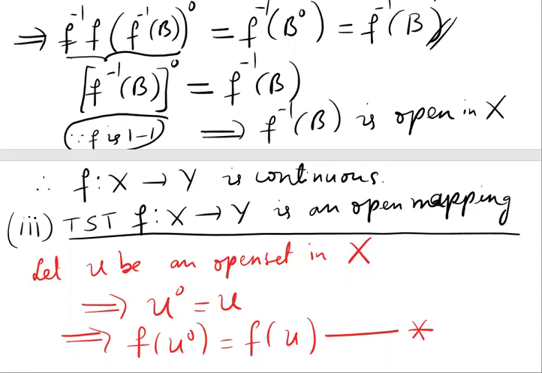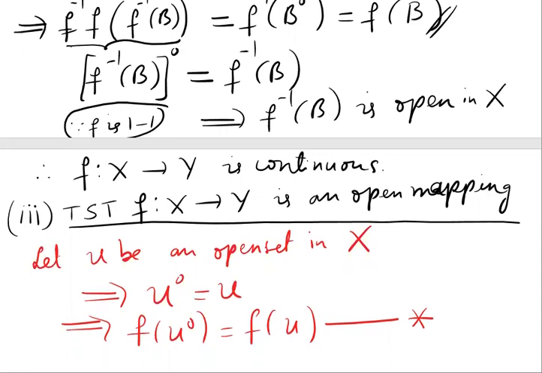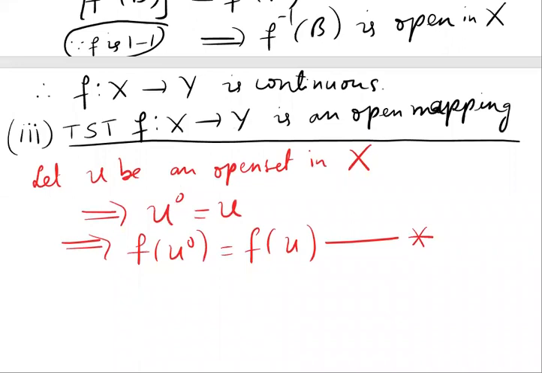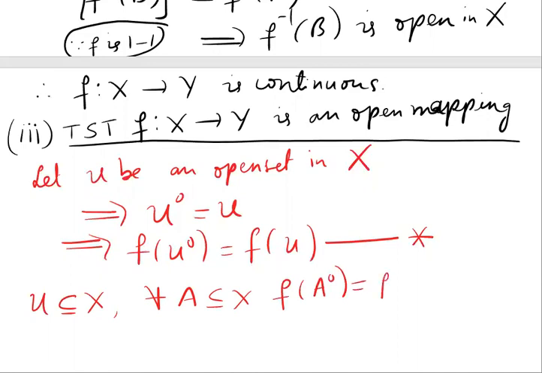You can give the names, 1, 2, 3, 4, something like that. Now what is our U? Our U is any subset of X, right? Then what they have given? Sufficiency given: for all subsets A of X, they have given F of A interior is equal to F of A whole interior.